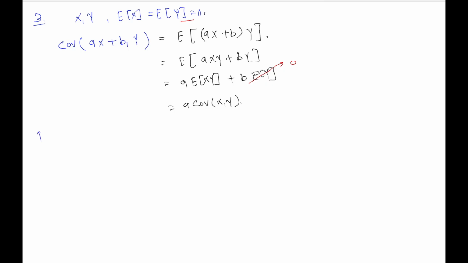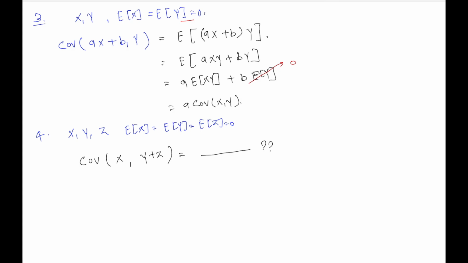Let's look at one more. Let's suppose we have the random variables x, y and z, and each has the expected value 0. If I ask you what will be the covariance of the random variable x and the sum y plus z, so what will be this covariance?